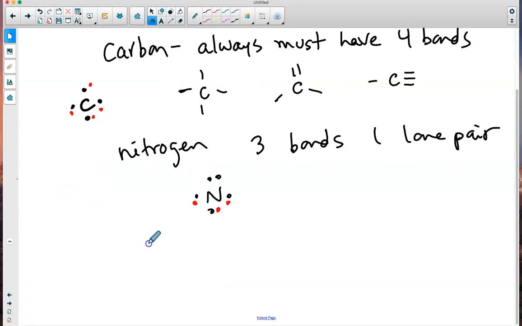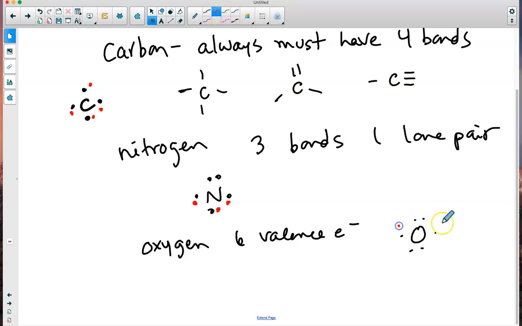If we look at oxygen, which has 6 valence electrons, you can see it's got 2 electrons that don't have a pair, so it's going to want to share 2 electrons with some other atom. So it's going to prefer to form 2 bonds and have 2 lone pairs.